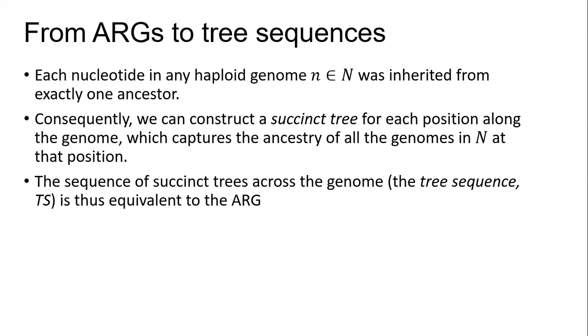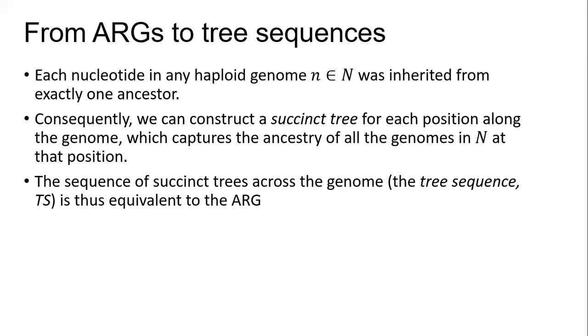So ARGs have been around as a concept since the 70s, but they are incredibly difficult to simulate and also to try and uncover from real data. And tree sequences are an innovation that came up quite recently that my supervisor at Oxford, Jerome Kelleher, pioneered.